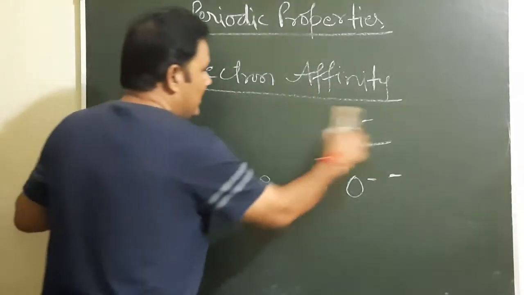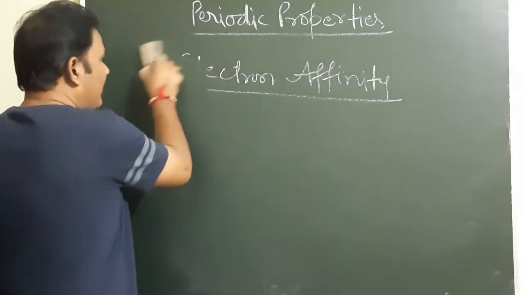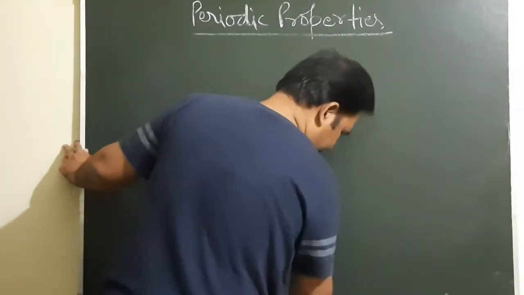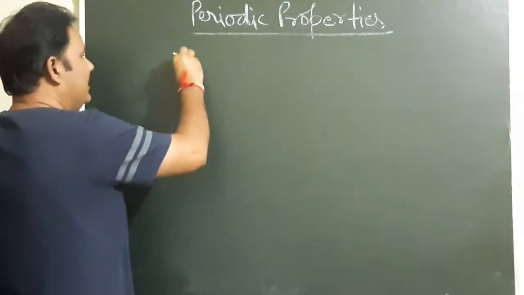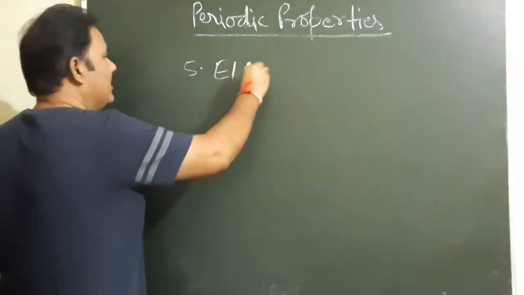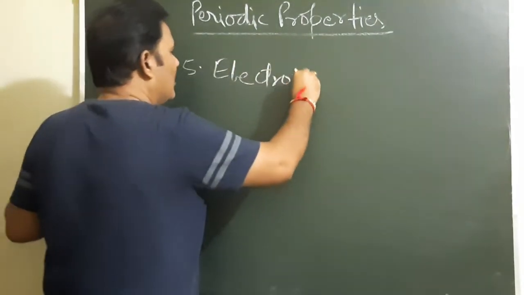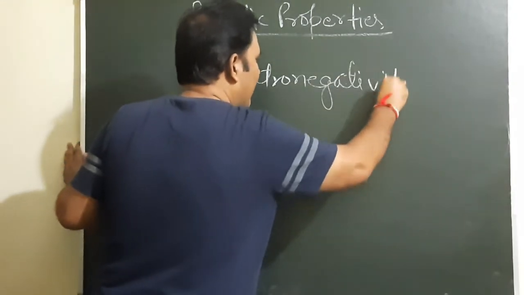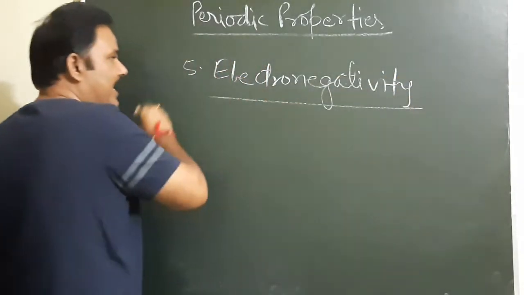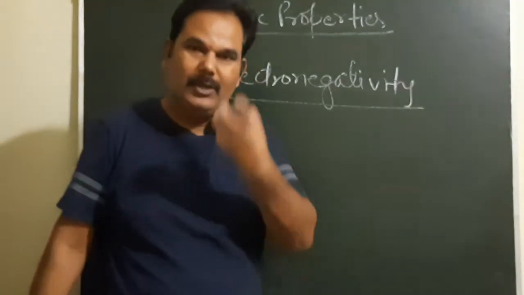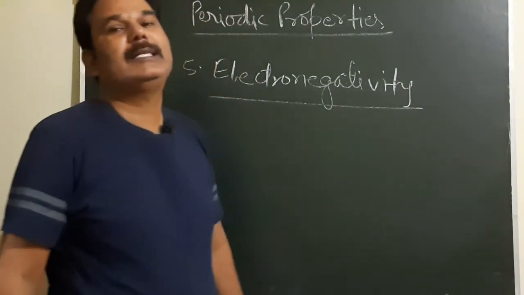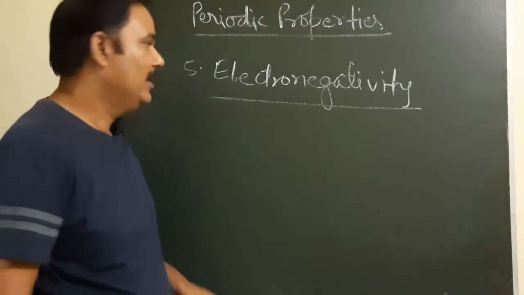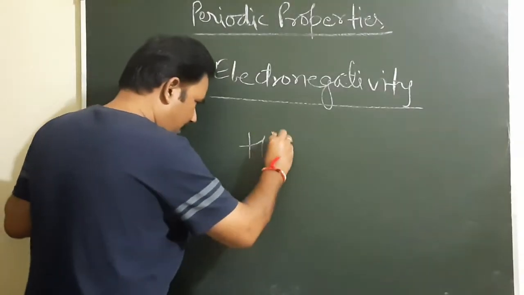Okay. Now the next and last one, number 5, is electronegativity. What is electronegativity? It is the tendency of an atom to attract the shared electron pair towards itself in a covalent compound. Suppose we are talking about HCl.